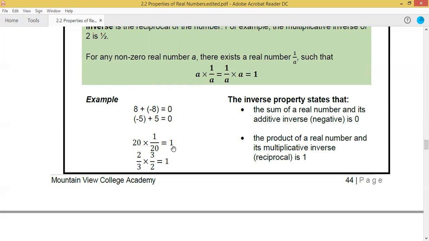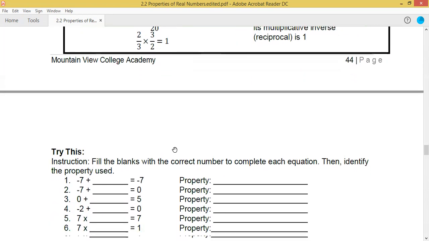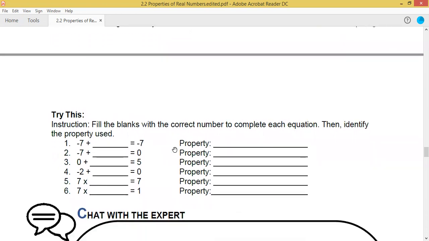The answer is 1. Or 2/3 multiplied by its multiplicative inverse, 3/2, the answer is 1. So, if the answer is either 0 for addition and 1 for multiplication, inverse property is used. Pause for a moment as you answer the try this section.